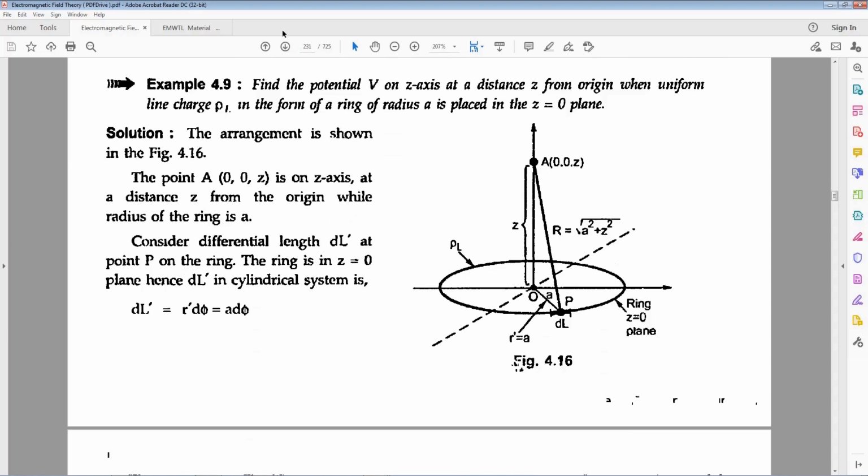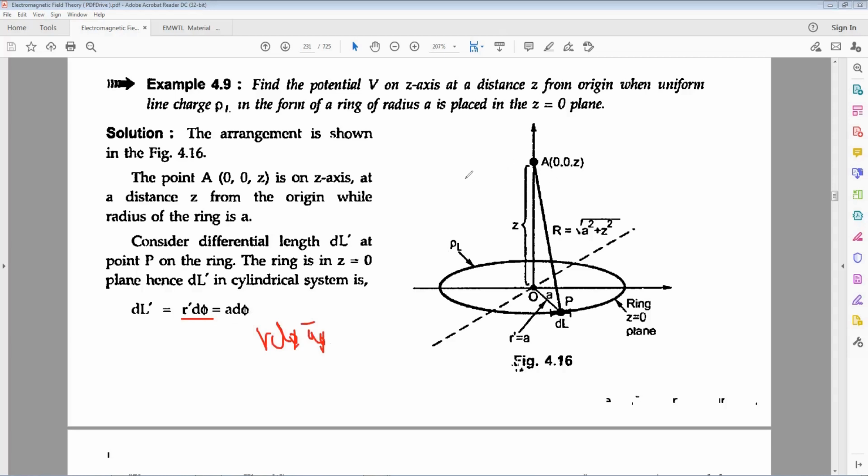So we already did this example. A circular ring, you can assume a small differential length on the circular ring. The dL bar is equal to R into d phi, R into d phi a phi bar actually.